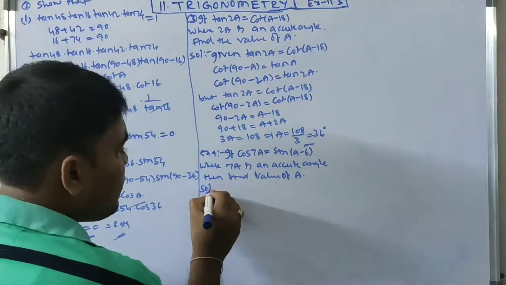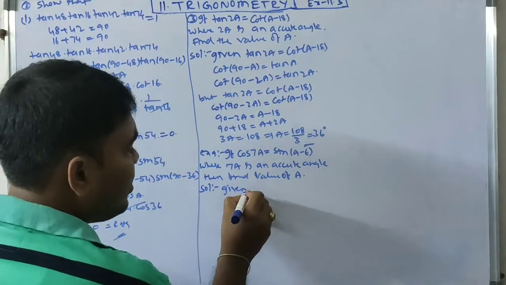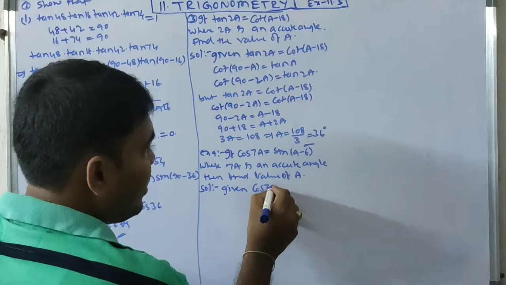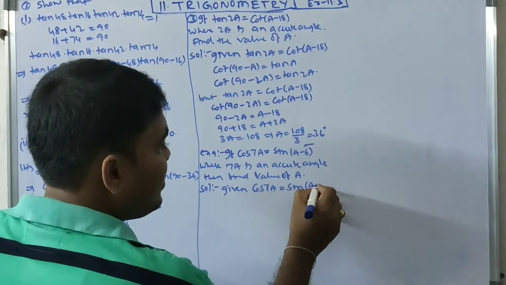Solution. Given cos 7A equals sin of (A minus 6).